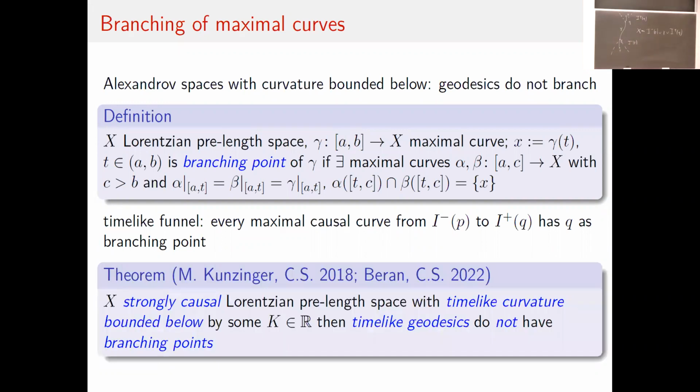So we showed that for a strongly causal Lorentzian pre-length space which has time-like curvature bounded below, time-like geodesics have no branching point. So by using this triangle comparison, you can show that this branching cannot happen.